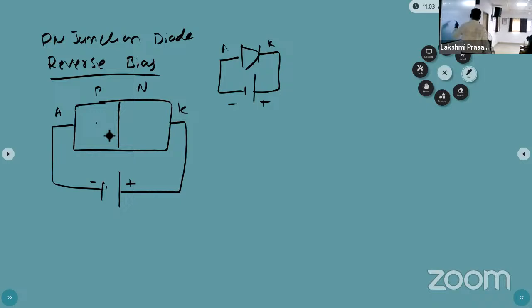Now, apply the voltage. What will happen? This electron is attracted by the positive terminal of the battery. And this hole, already some barrier is there here. Initial barrier, this one.